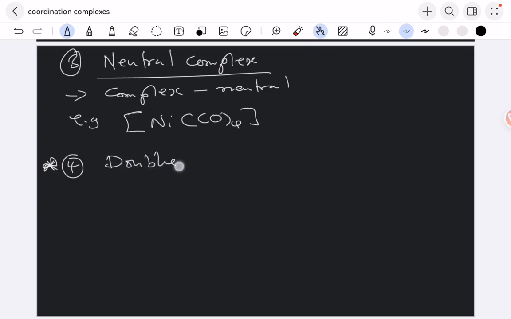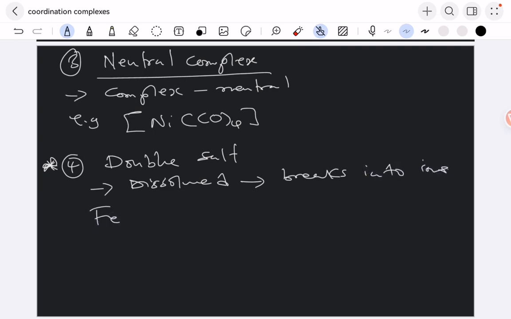Then obviously we have the last one, which is not very common. It's known as a double salt. In a double salt, when this is dissolved, it breaks into ions.